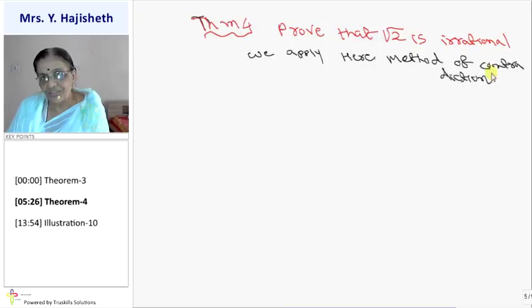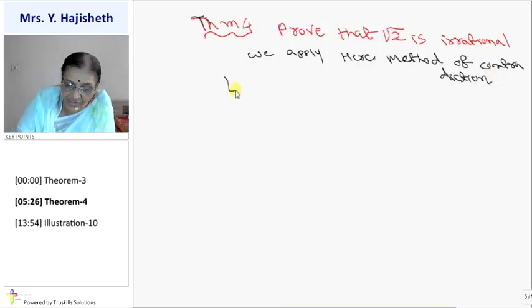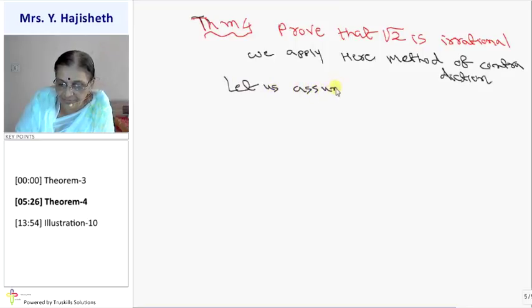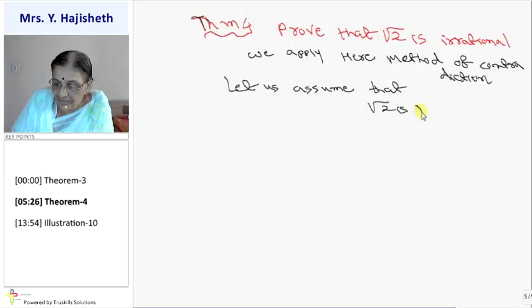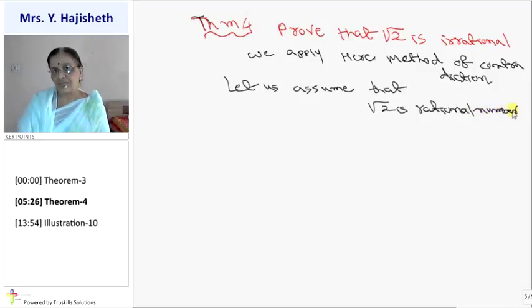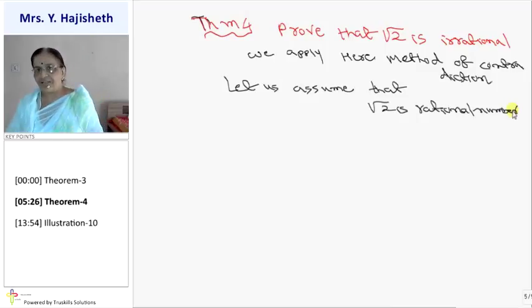आपको प्रूव करना है रूट 2 इज इरेशनल. मैं एज्यूम करूंगी, जो प्रूव करना है उससे उल्टा एज्यूम करने का. एज्यूम दैट रूट 2 इज रैशनल नंबर. फिर आई गो ऑन अप्लाइंग सम स्टेप्स and last में I will get something very odd which contradicts my given data or some fact.